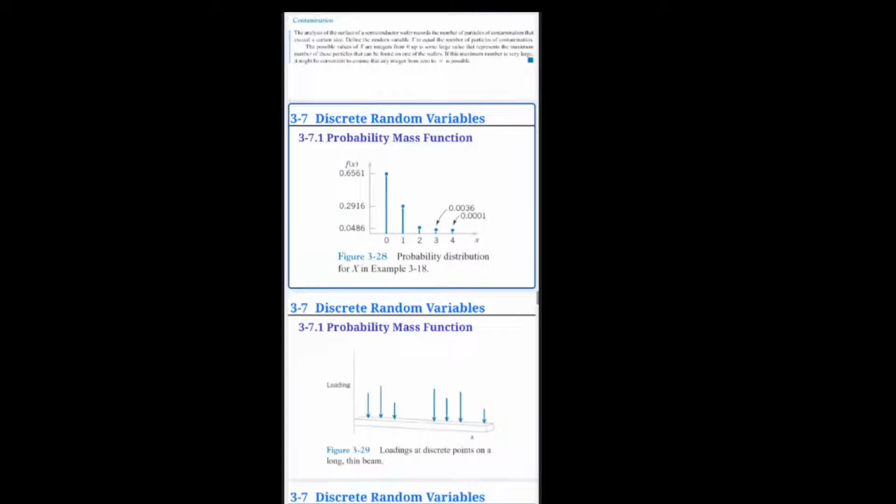So cumulative distribution function can be calculated just as a sum of values of the probability mass function. And cumulative distribution function looks like this. It's also not a continuous function. It starts at 0 and continues after 1.